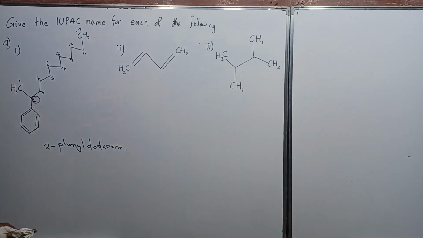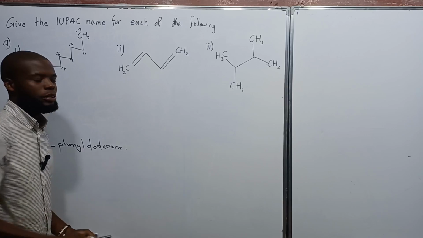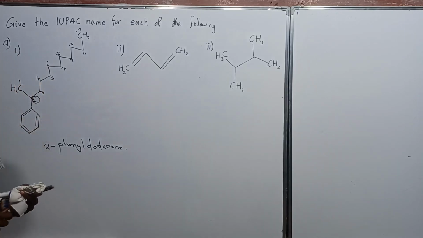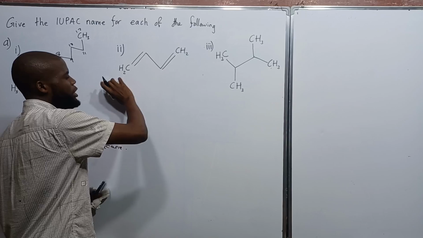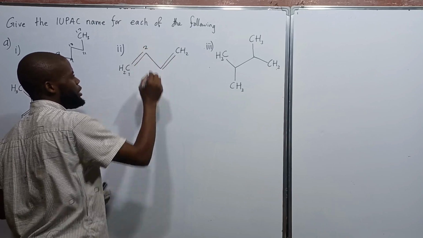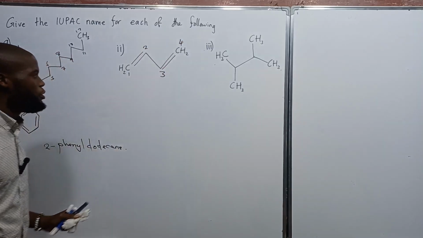So now, to identify or to name the particular organic compound, as usual, rule number 1, we identify the longest chain. The longest chain is one that is having the highest number of carbons. Counting from left to right, this is carbon number 1, this is carbon number 2, this is carbon number 3, this is carbon number 4.